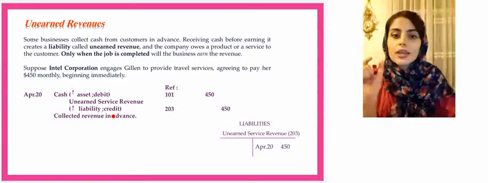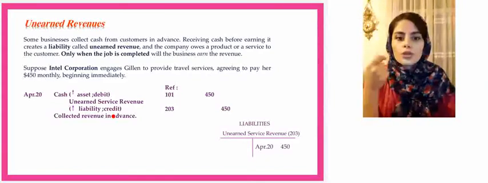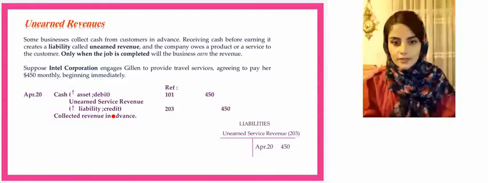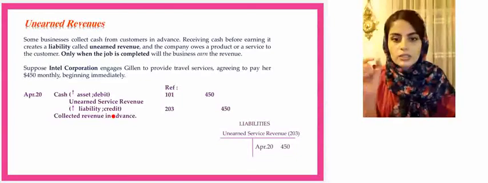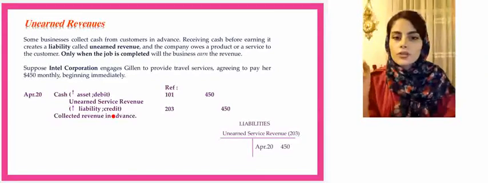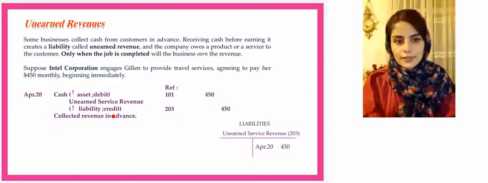As I said, unearned service revenue is a liability. When we want to increase a liability, we should credit it. Here we credit unearned service revenue on the T account for $450, and it is revenue collected in advance.